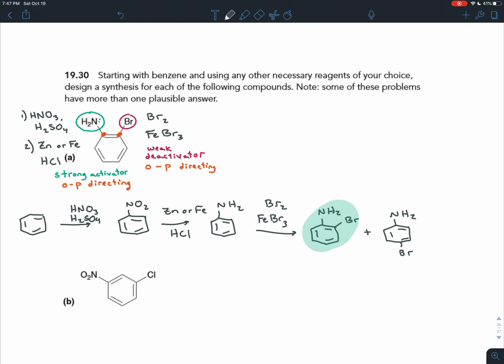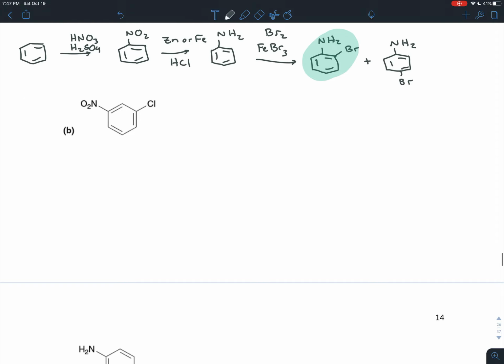So here, what we had to worry about is once we have this branch on this ring, this has a lone pair there, it's a strong activator, it's an ortho-para director, and so we'll get both the ortho product and the para product of adding the bromine. So long as we get that ortho product, we're getting what we want. And so that is a satisfactory synthesis for the molecule that they gave us, starting with benzene.